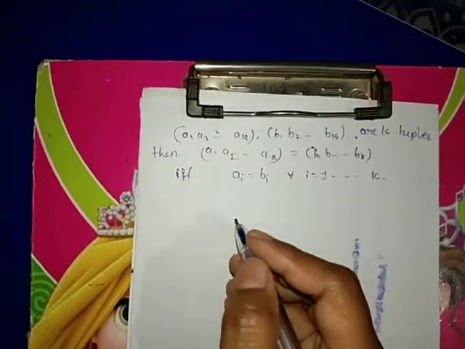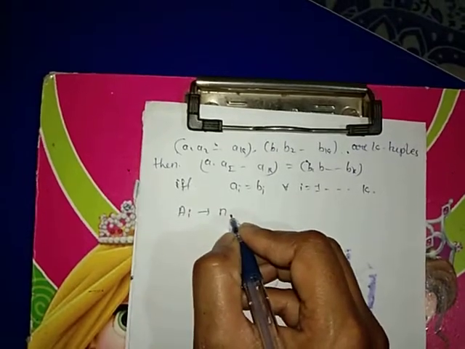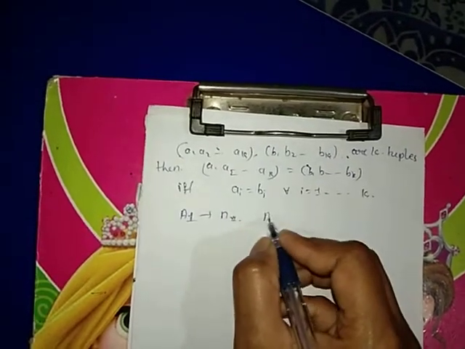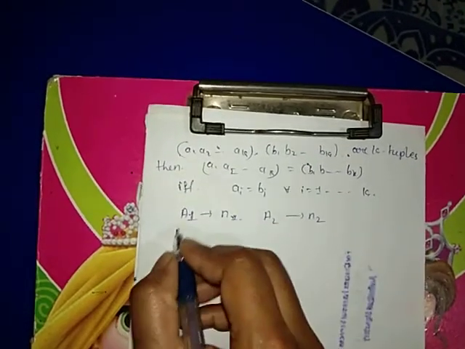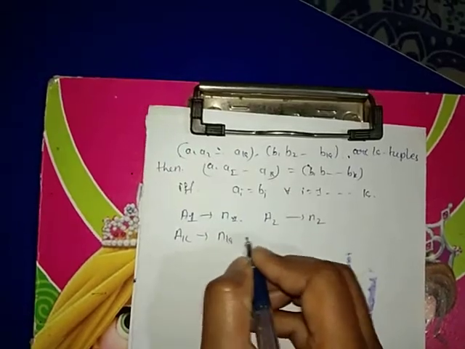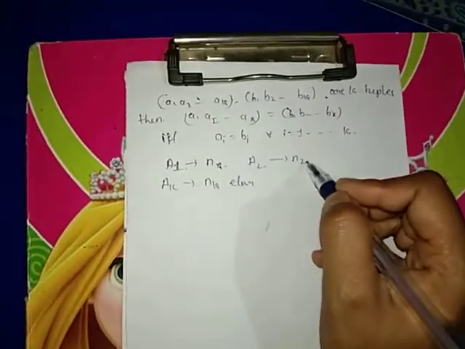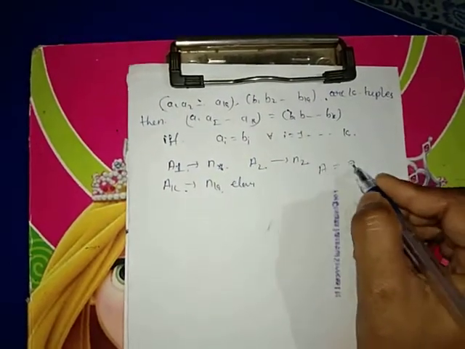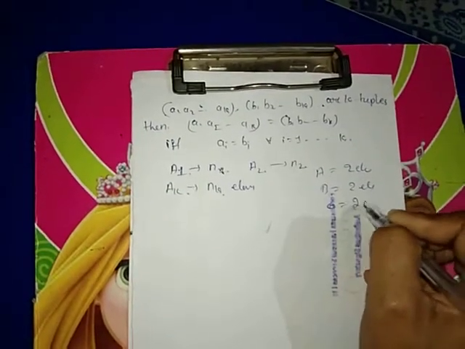And one more extension: if A1 has n1 elements, A2 has n2 elements, and AK has nk elements, meaning set A1 has n1 elements, A2 has n2 elements, AK has nk elements, like we considered previously, where A has 2 elements, B has 2 elements, C has 2 elements.